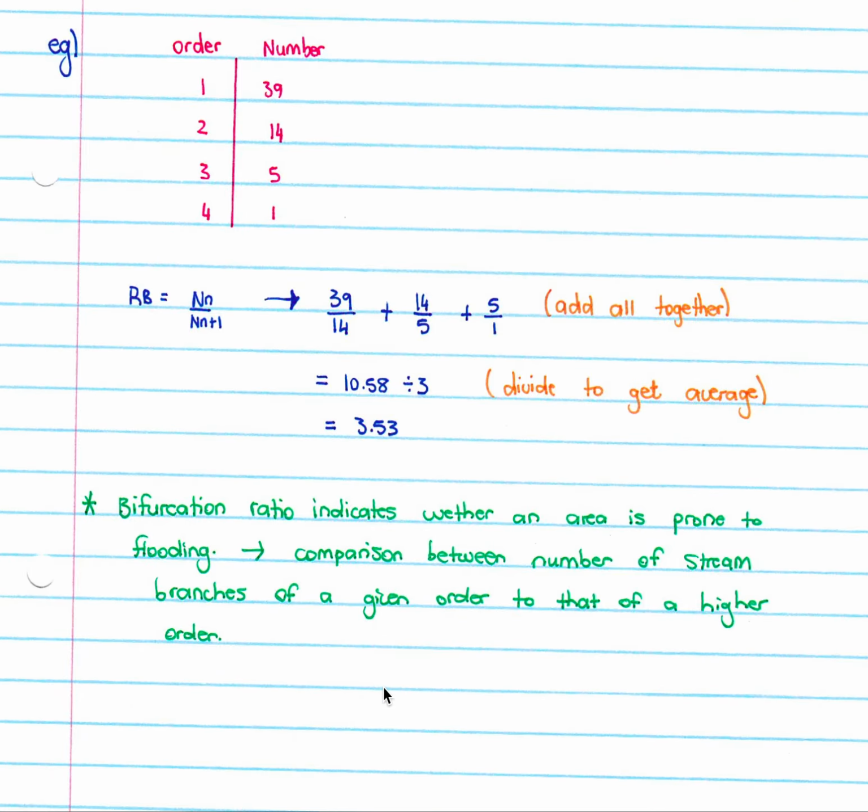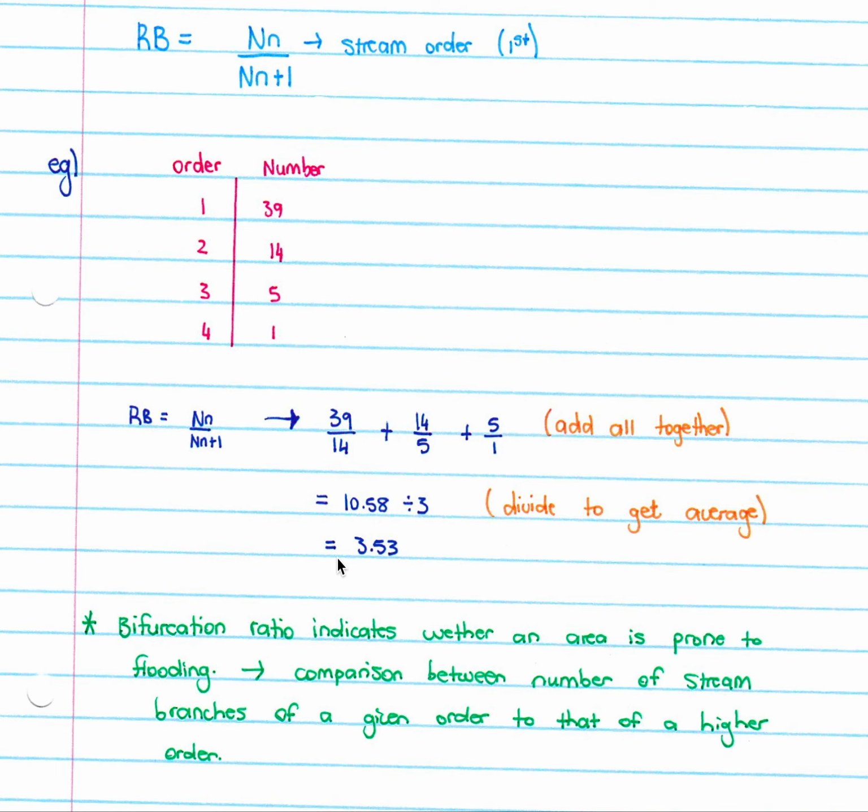Bifurcation ratio indicates whether an area is prone to flooding. It's a comparison between the number of stream branches of a given order to that of a higher order. So in this case, we have 3.53 first order streams flowing into second order streams, or a ratio of 3.53 second order streams flowing into third order streams.